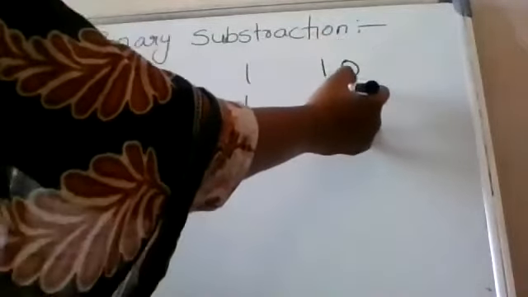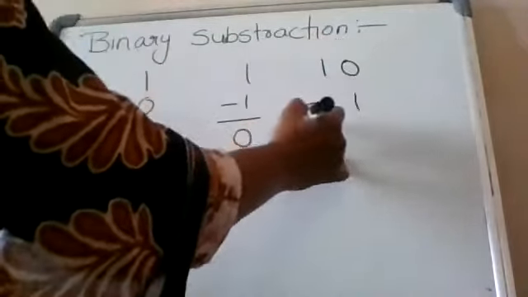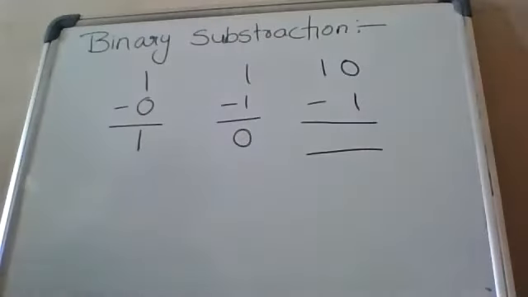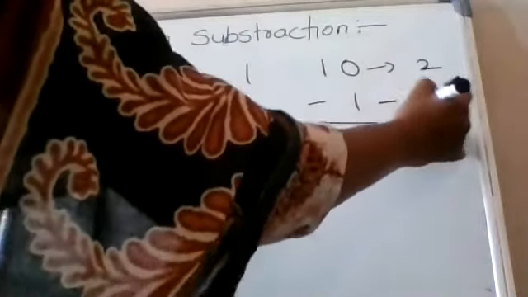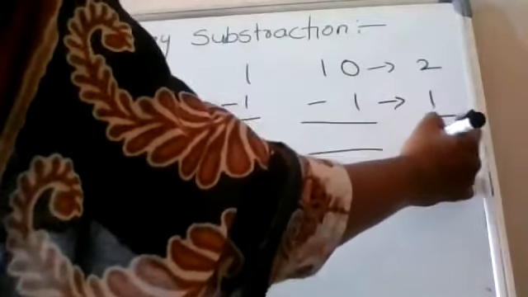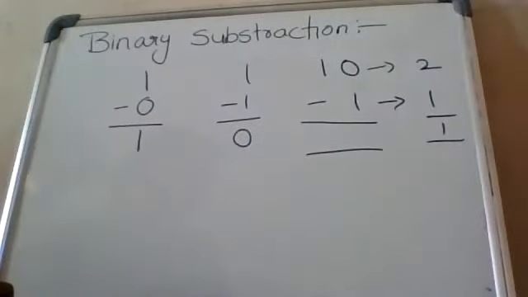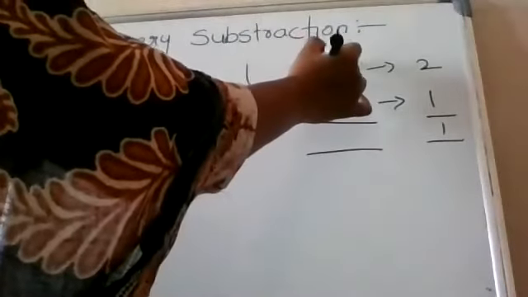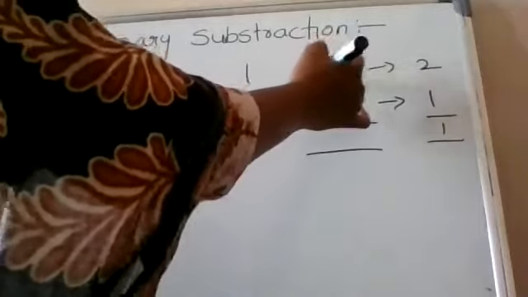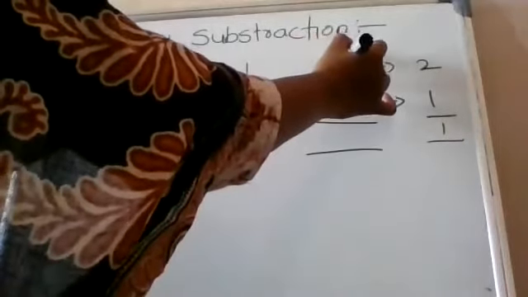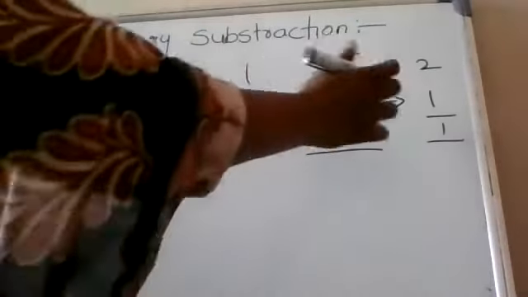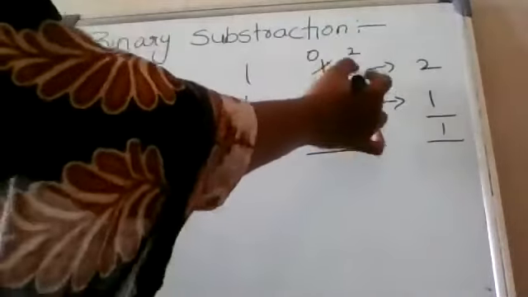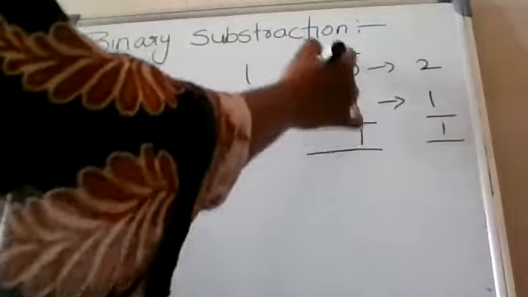If 0 minus 1: in the decimal system, this is number 2, this is only 1. 2 minus 1, 1. Here we take the borrow from this number, we get 2. 2 minus 1, 1. 0 is 0.